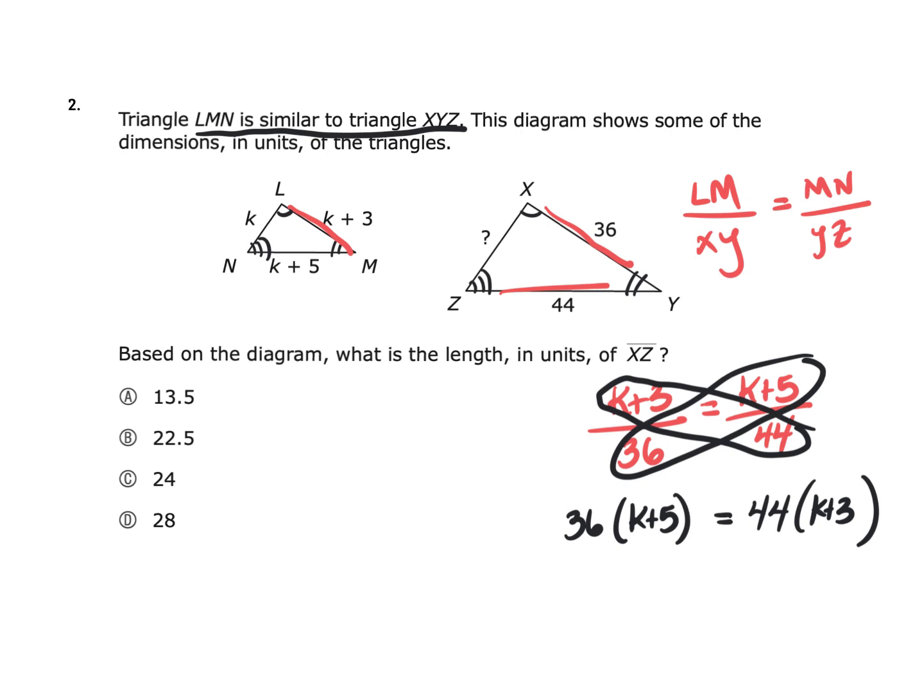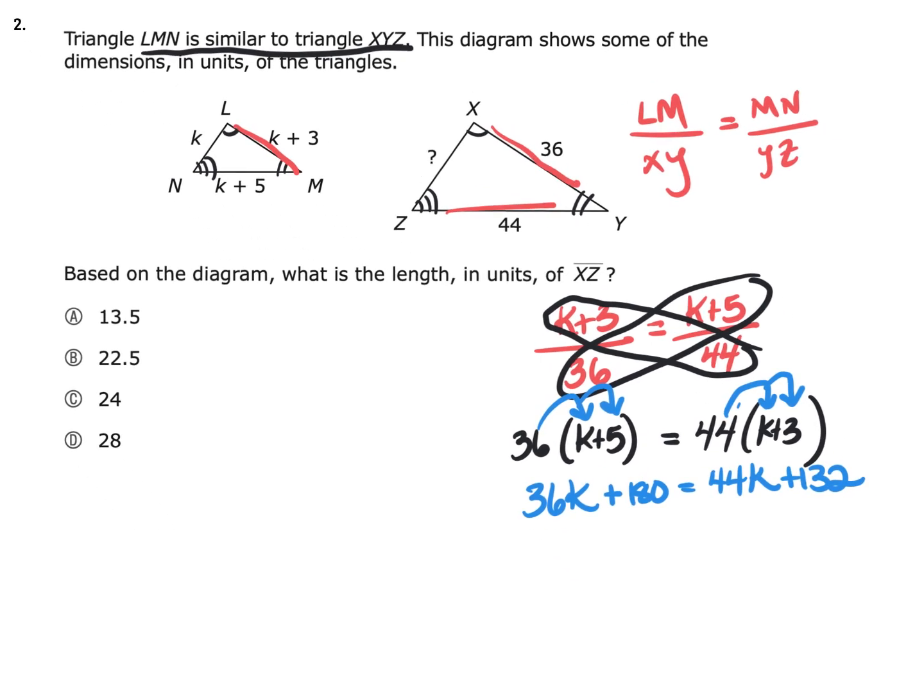So I'm going to go 36 times K, which is 36K, and then 36 times 5. In this particular question, you would be allowed your calculator. So 36 times 5 is 180. Then I have to do 44 times K, which is 44K, and 44 times 3, which is 132.